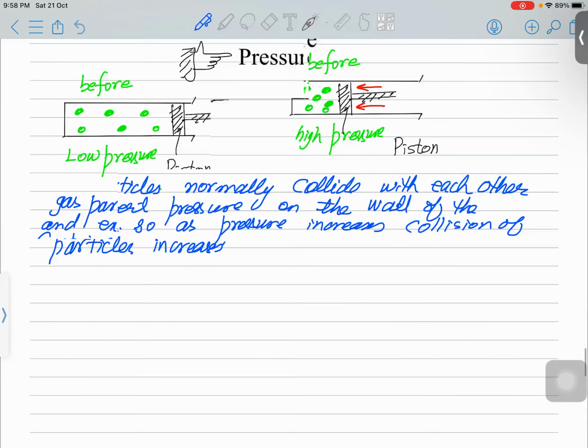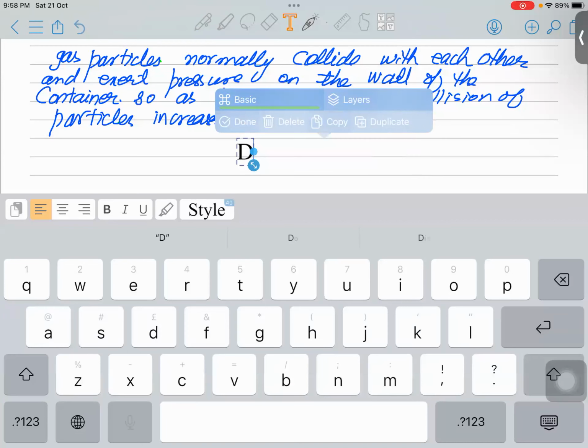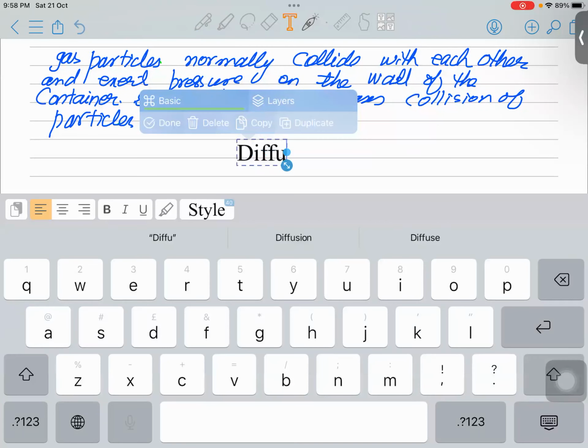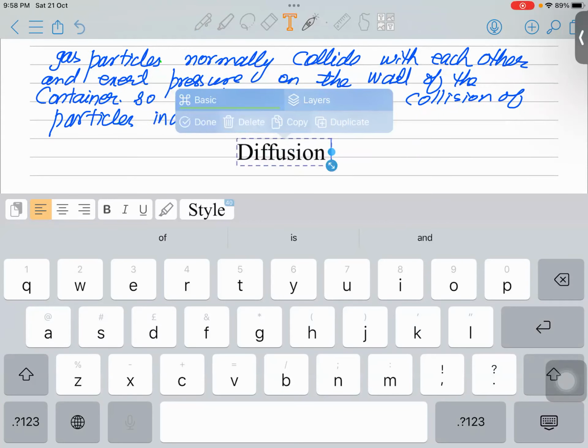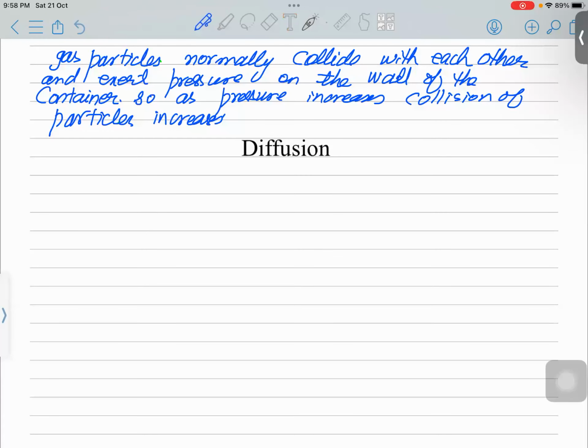Now, next topic is diffusion. This is our first chapter, atomic states of matter.